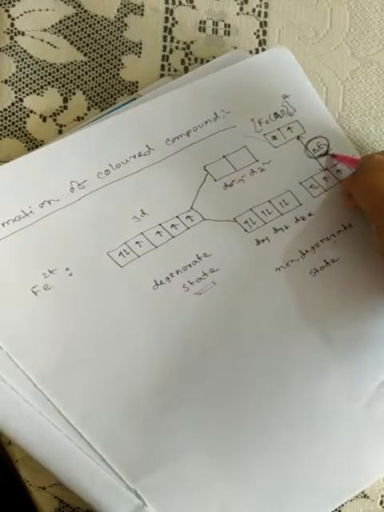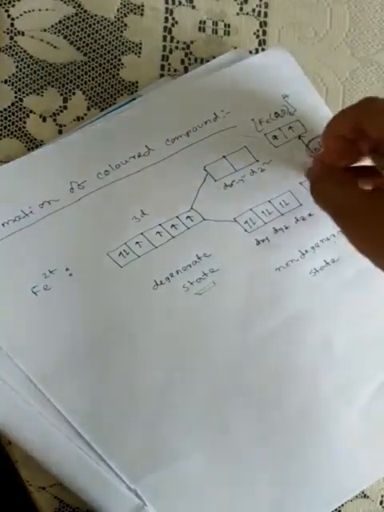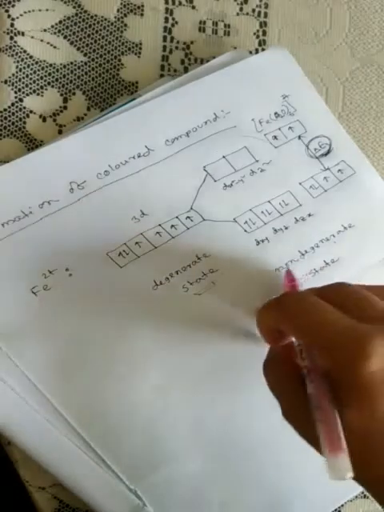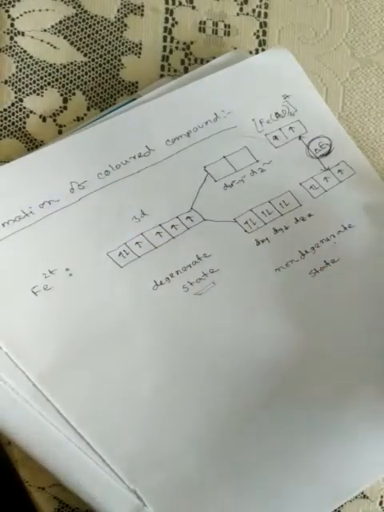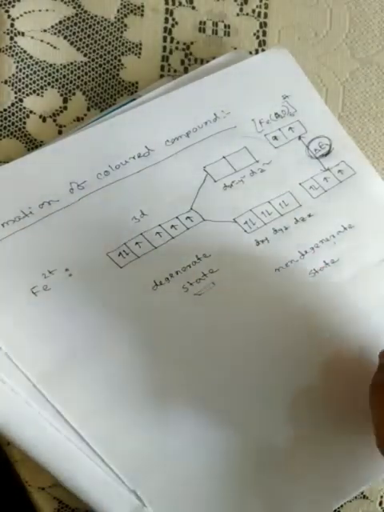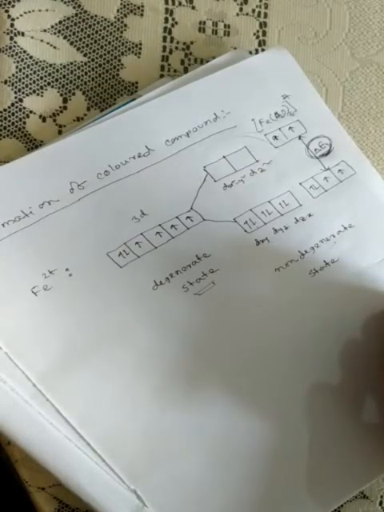That is called delta E. If this delta E value matches the wavelength of any visible light, we can see the complementary color of that visible light.